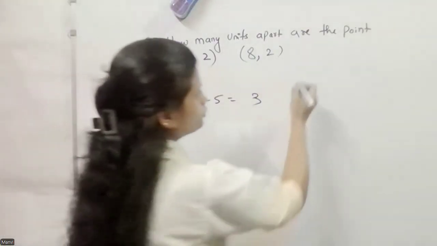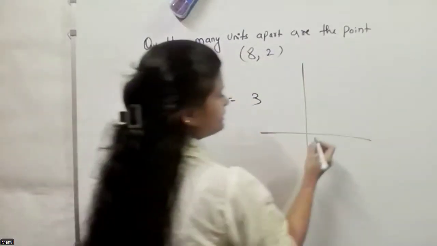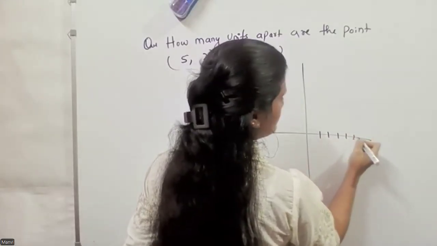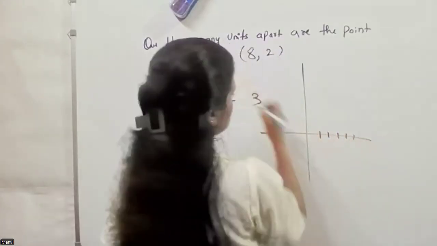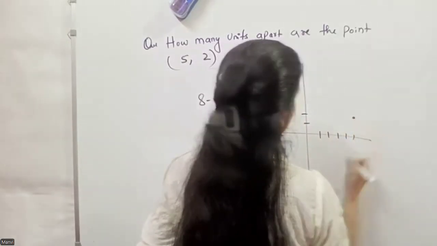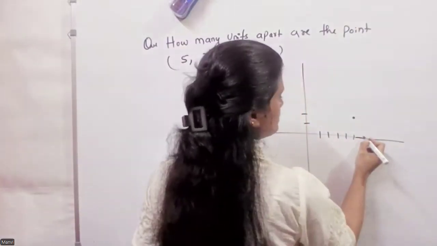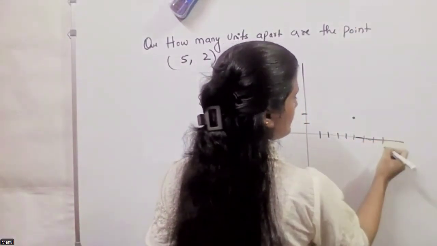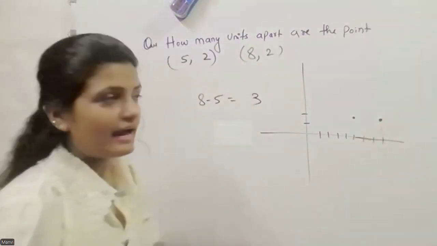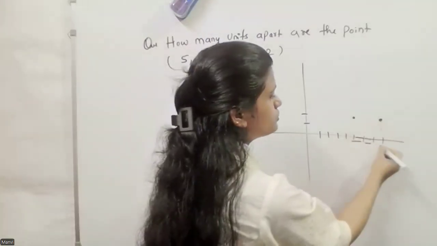If we want to denote this on a coordinate grid, this lies at 1, 2, 3, 4, 5 and then 2, and this lies at 5, 6, 7, 8, somewhere here, right? And the distance between these 2 points is 1, 2, 3.